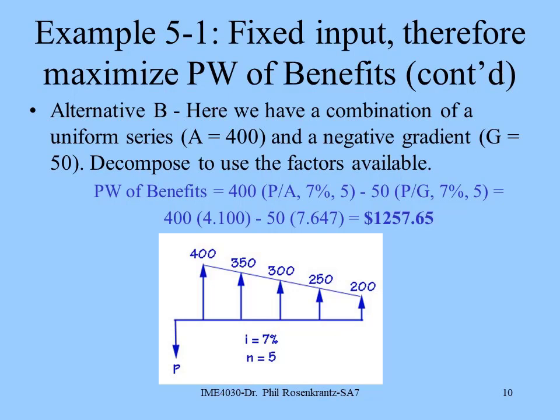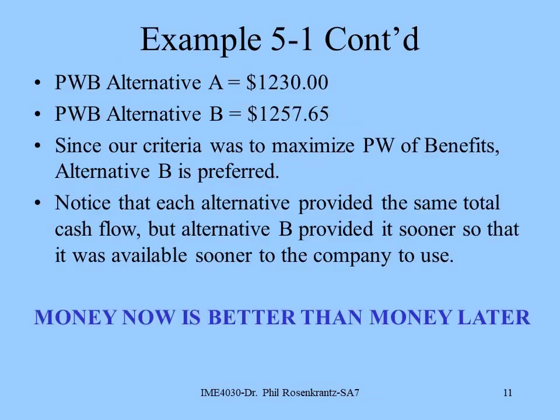If we decompose that negative gradient into a uniform series and a pure gradient, then we have a uniform series of 400, and we subtract an arithmetic gradient of $50. And if you look at the calculations there, we end up with a present worth of benefits of $1,257.65. Go to the next slide, number 11, and we can see here a summary.